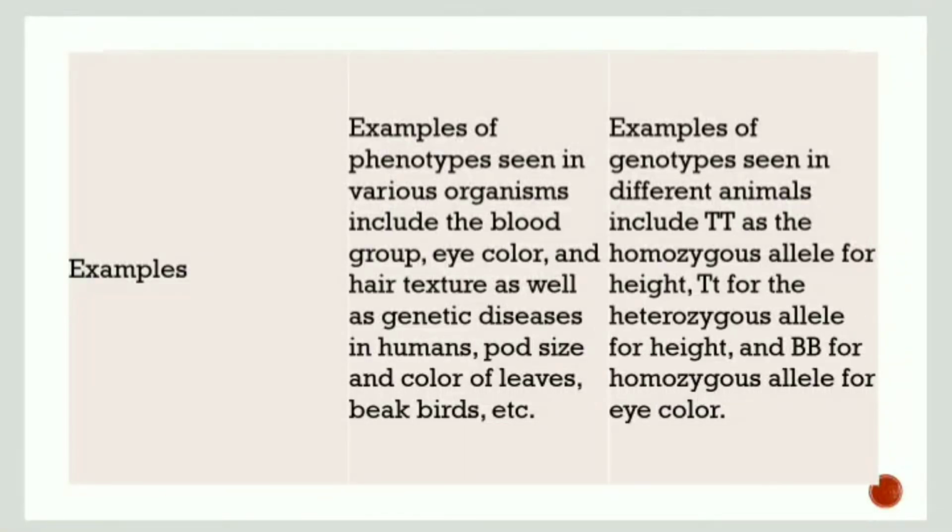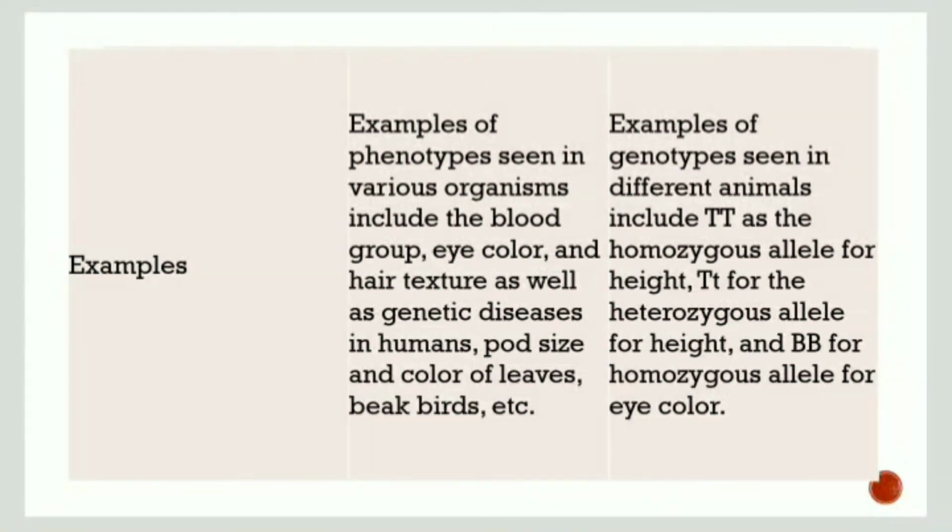Now let us end these differentiation based on examples on both phenotype as well as genotype. So examples of phenotype is seen in various organisms which include blood group, eye color, hair texture, and genetic diseases in humans, pod size, and even color of leaves, beak of birds.